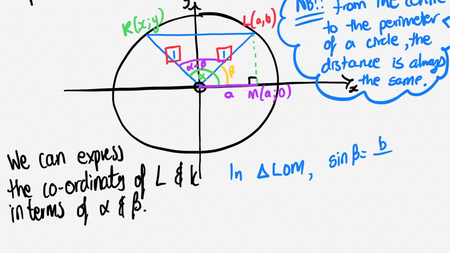Okay, so we'll do triangle L origin M, and we'll just say that we're taking the sine of beta, which is opposite over hypotenuse. The opposite length would be B, because that's the y value going up from the x, up to the point L. And then the hypotenuse is always the longest line, and it's always opposite the 90 degree. And that measurement is 1.